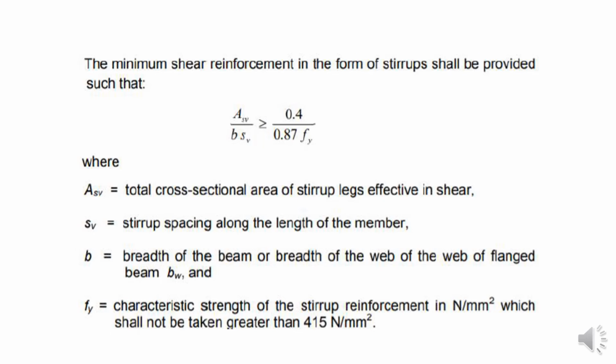Asv is the total cross sectional area of the stirrup legs effective in shear. Sv is the stirrup spacing along the length of the member. b is the breadth of the beam, or breadth of the web bw for a flanged beam. Fy is the characteristic strength of the stirrups, which shall not be taken greater than 450 Newton per mm square.